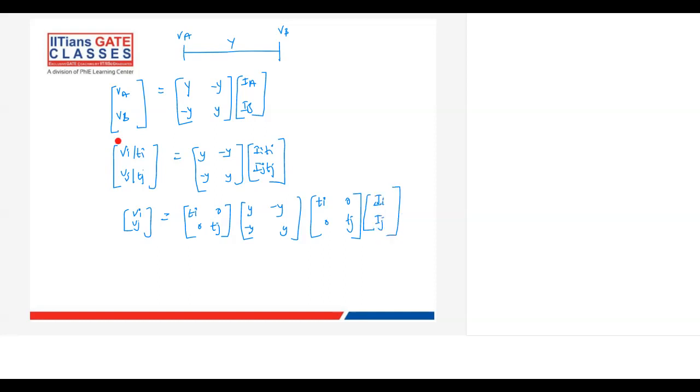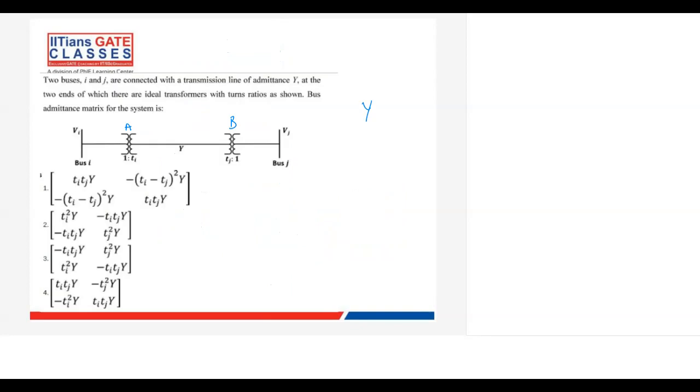Multiplying this, you will get TI squared Y, minus TI TJ Y, minus TI TJ Y, and TJ squared Y. If we look at the options, the correct answer is 2.